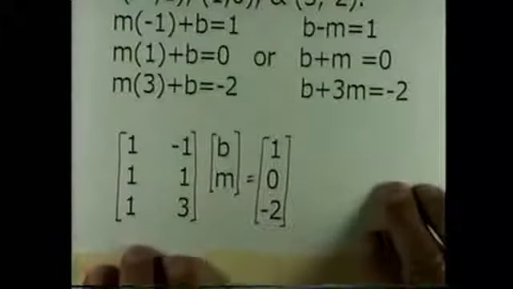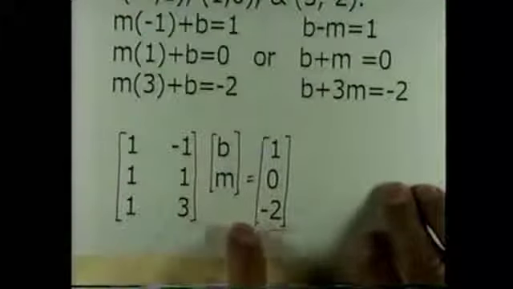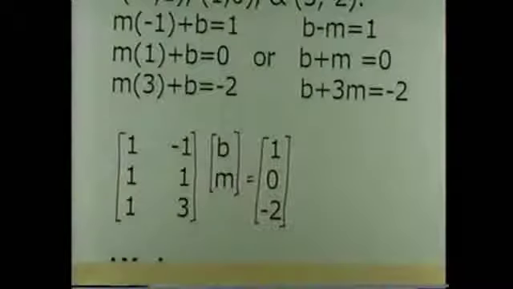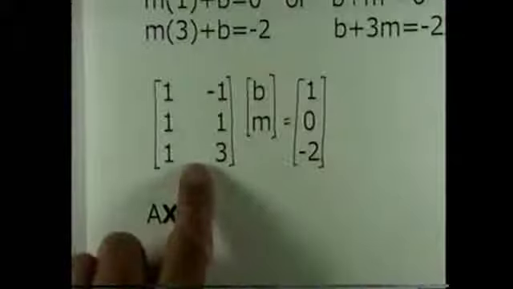So this is writing it in the form AX equals B: coefficient matrix, the variable matrix, the constants.